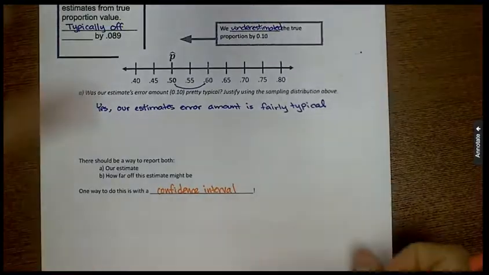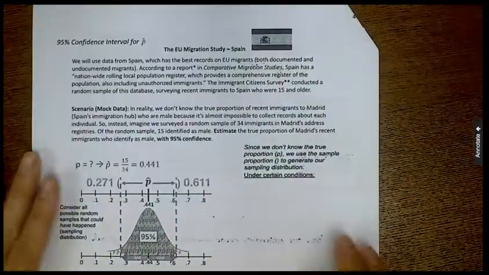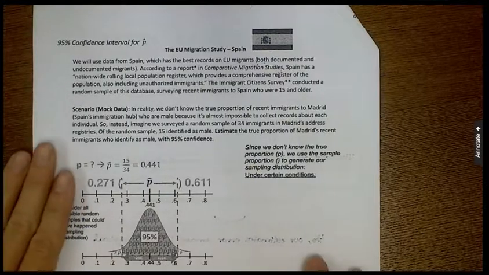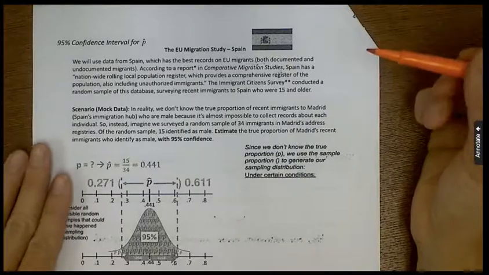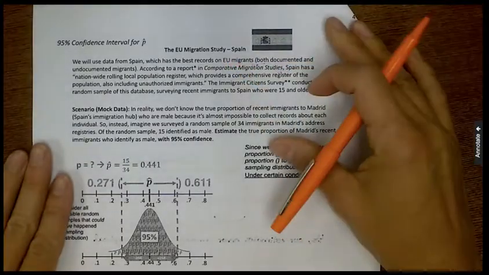Now we're going to go ahead and flip to the next page. On the next page, we're going to use data from Spain, which has the best records for EU migrants, both documented and undocumented. Remember, EU is just European Union.